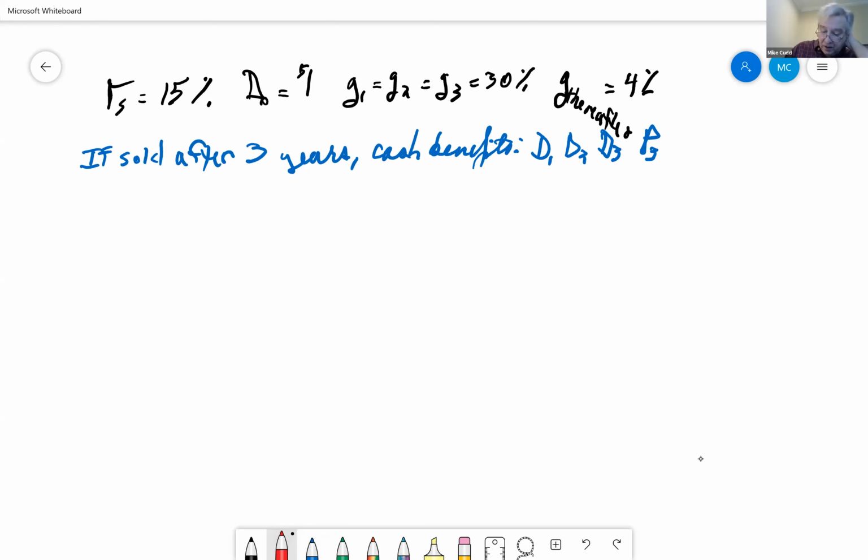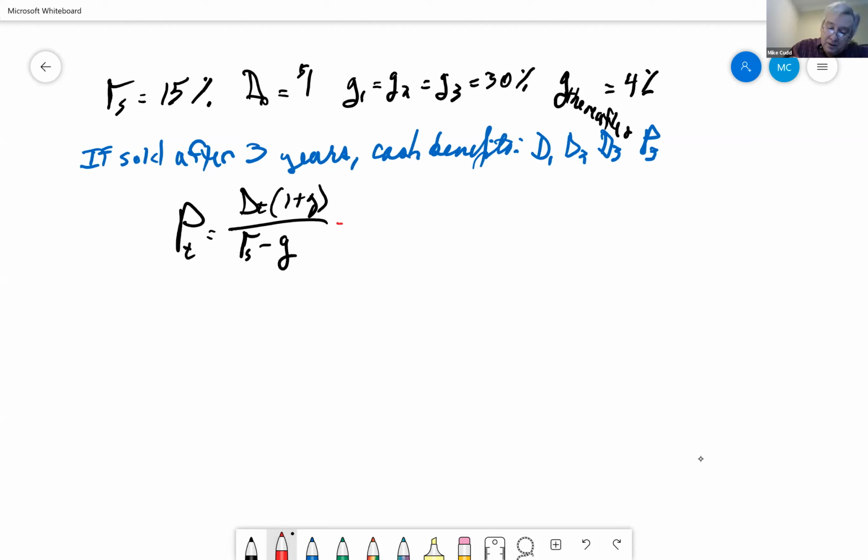To get the selling price, in any year T, you can take the dividend for year T times 1 plus the constant growth rate, divided by R sub S minus the constant growth rate.